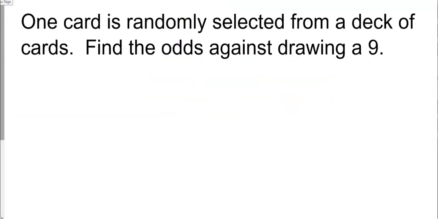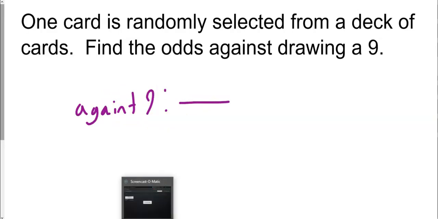So one card is randomly selected from a deck of cards. Find the odds against a 9. So I always start with the ways that I can win. And this time, because we're going against, that means the ways that I can win need to go in the denominator. Okay?